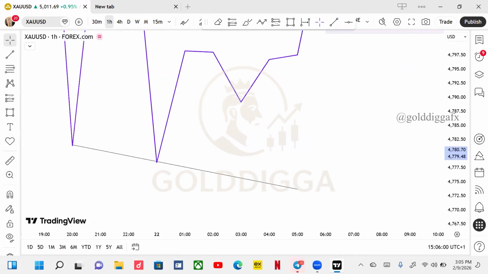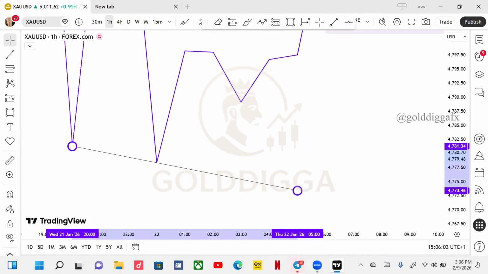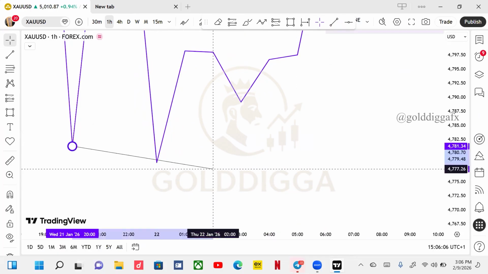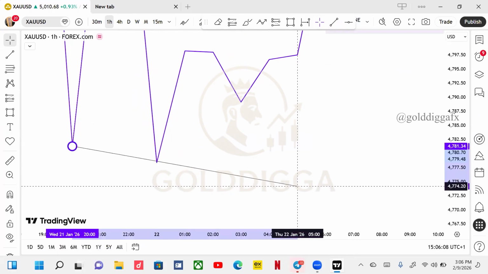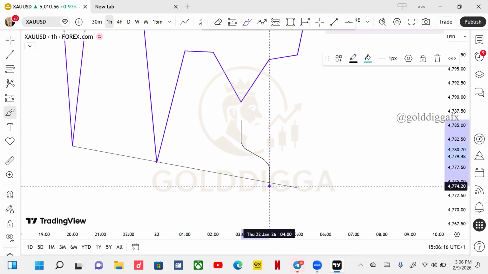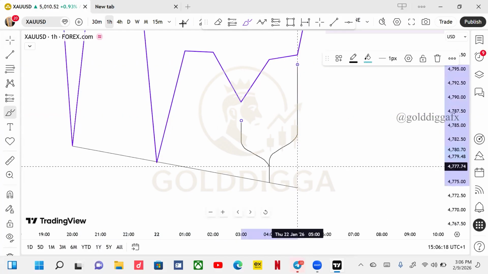Price gave us what? This low, right? Followed by this low, followed by the next low here. Then, just like this, right? This low, this low. So the next touch on the trend line would be your entry, right?